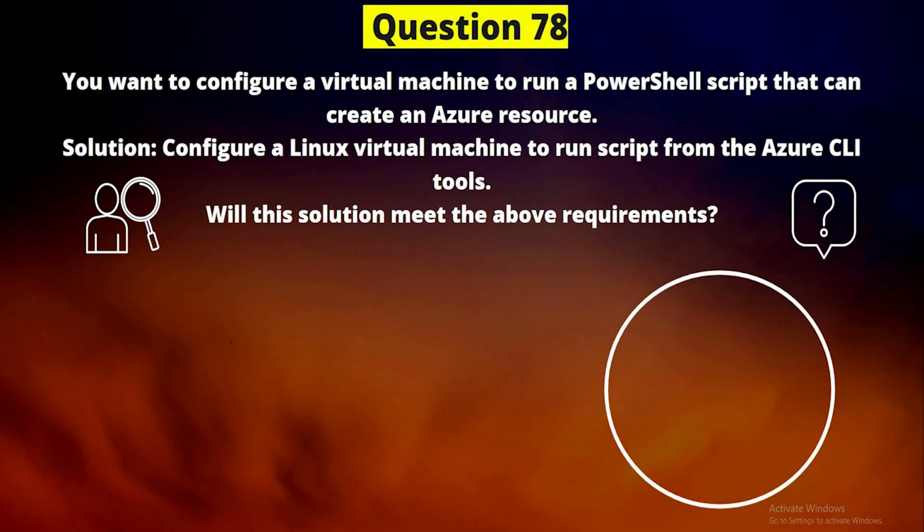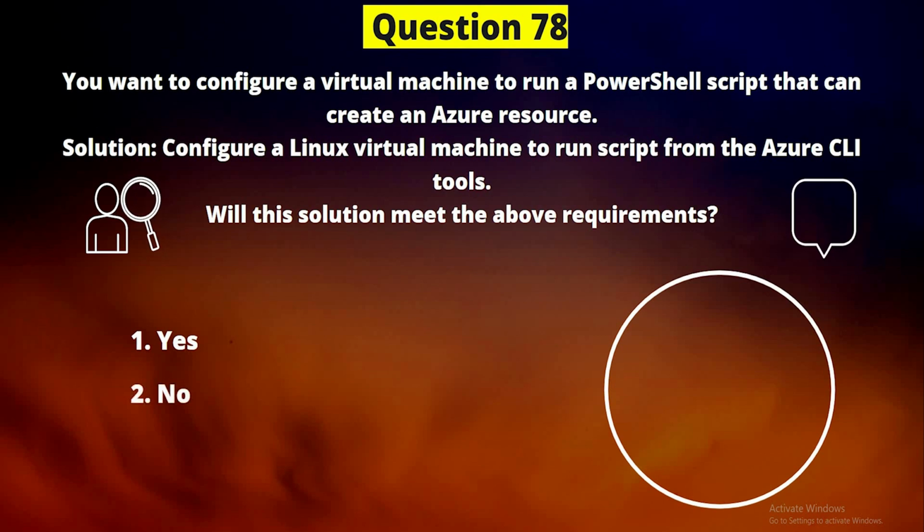Question 78. You want to configure a virtual machine to run a PowerShell script that can create an Azure resource. Solution. Configure a Linux virtual machine to run script from the Azure CLI tools. Will the solution meet the above requirements? And the options are Option 1, yes.